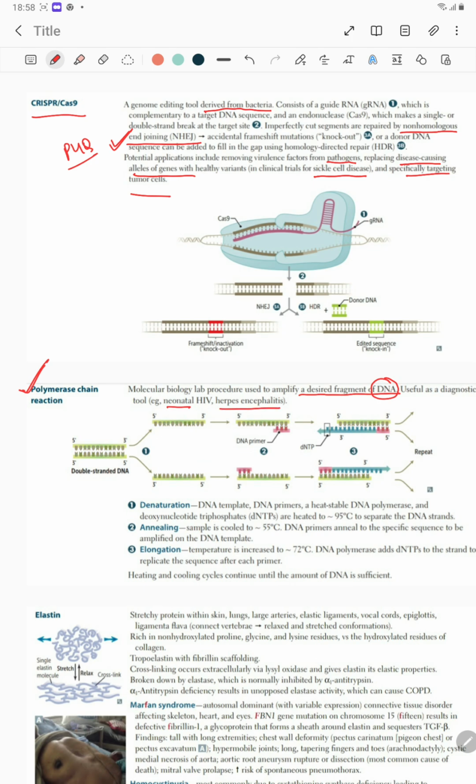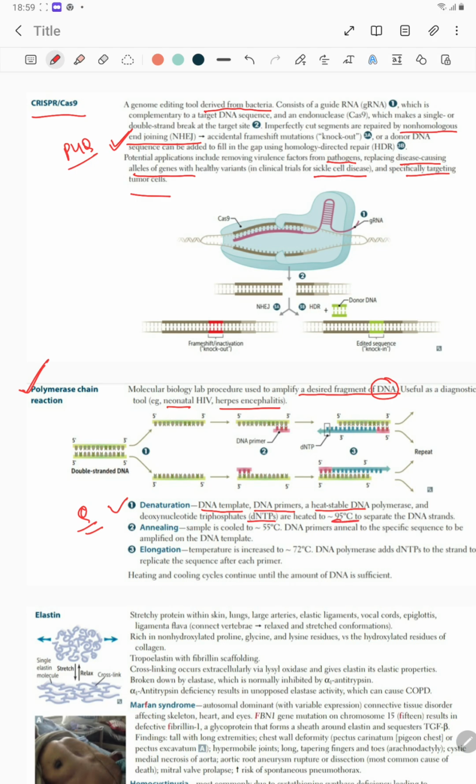Mainly PCR has three main steps: denaturation, annealing, and elongation. This is also a question: what are the requirements of PCR? We require a DNA template, DNA primers, a heat stable DNA polymerase, and dNTPs, which are deoxynucleotide triphosphates.